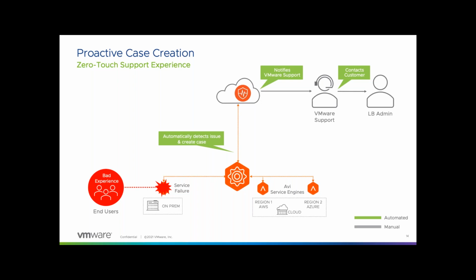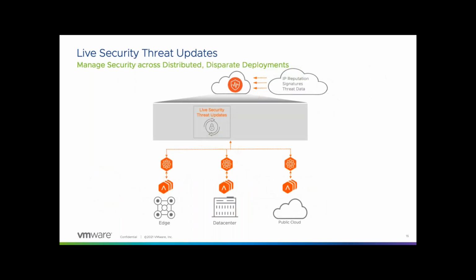The second service that we will talk about today is centered around live security threat updates. Now, why is Pulse a good point to deliver live security threat updates to controllers to protect applications, essentially? And the reason is multifold, actually.